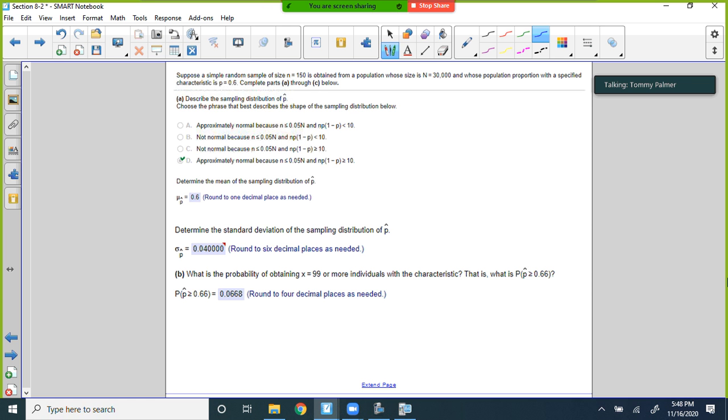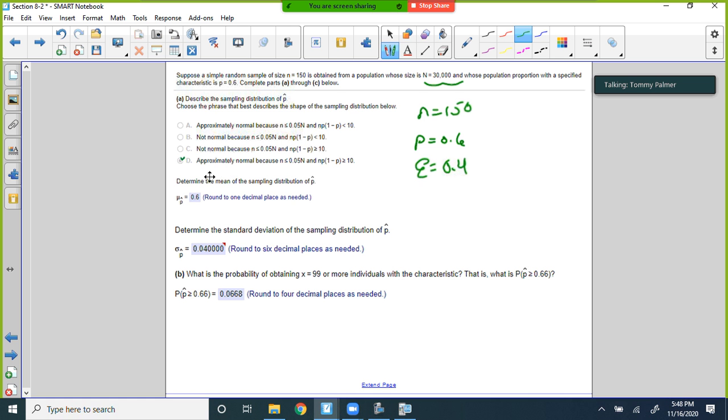They gave us a P of 0.6, right? So the N is 150. Again, the N of 150 is less than 5% of the 30,000, right? And then the P is 0.6. So that means Q is what? 0.4, the complement of it, right?